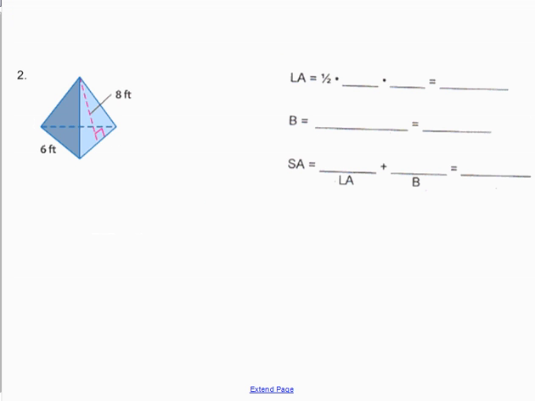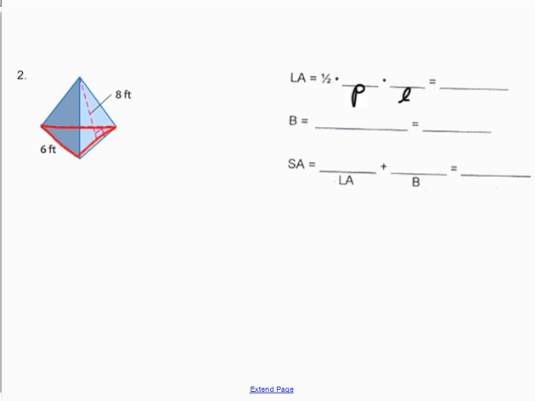Okay, here's the next one. We've got a triangle on the base there. Let's just fill in what we know. So the lateral area, again, is 1/2 the perimeter times the slant height. The perimeter of this base, this is an equilateral triangle.